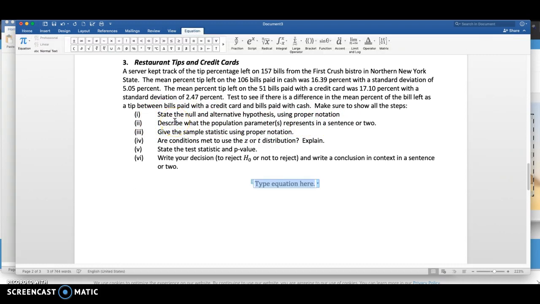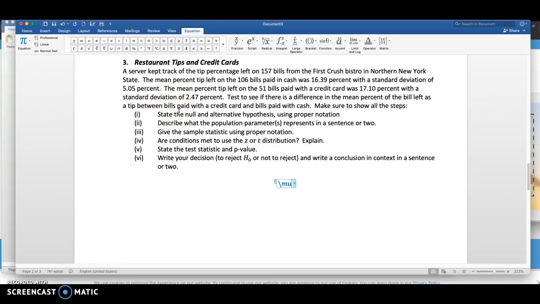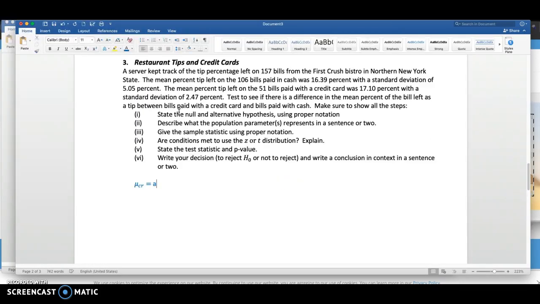I'm going to write up, let's start over here. I'm going to describe the population parameters first. Let's say mu sub CR is equal to the average tip percentage left on bills paid by credit card at this restaurant, First Crush.